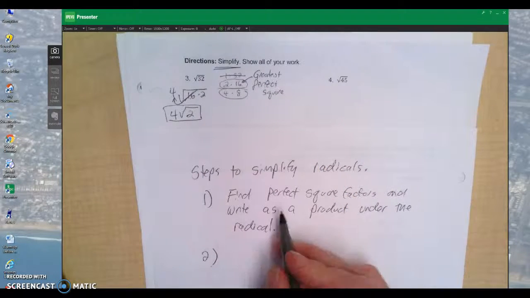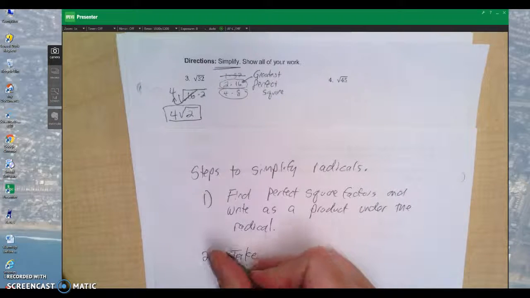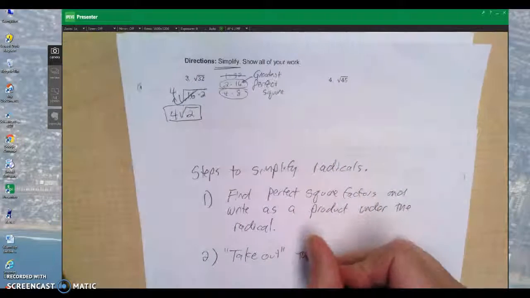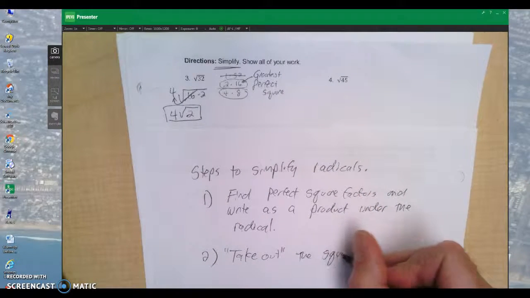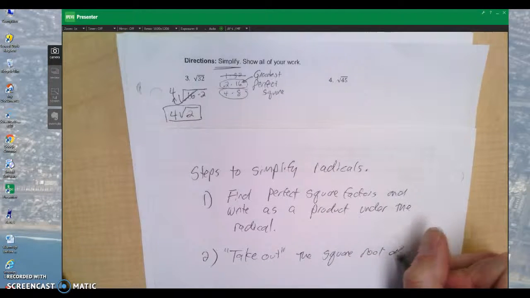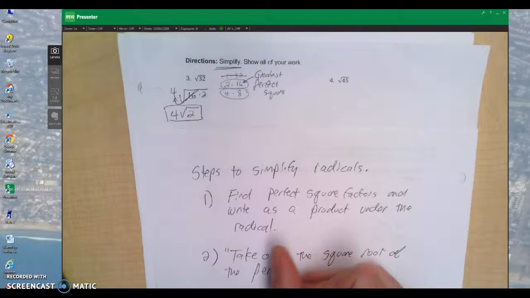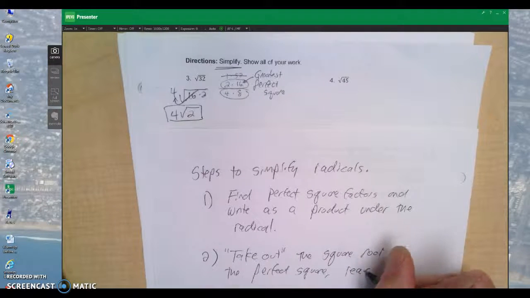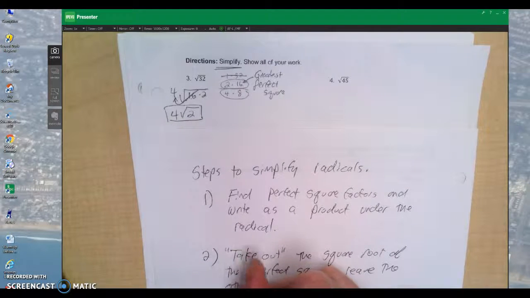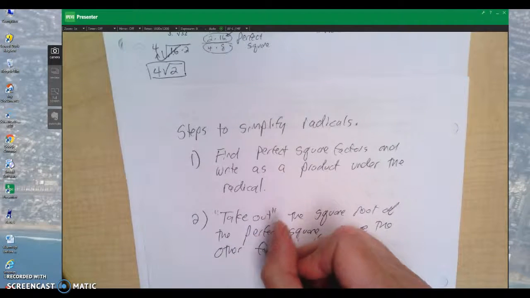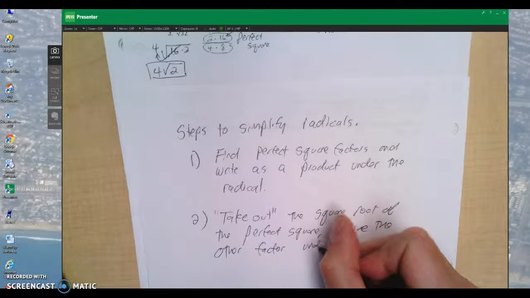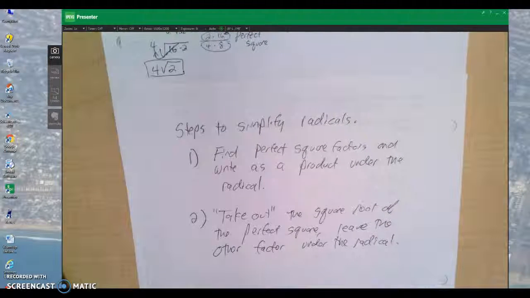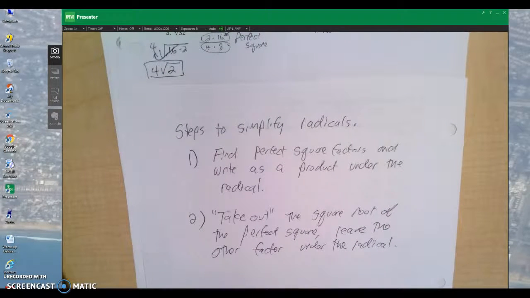Then take out, and that word out just means it's going to come out of the radical, the square root of the perfect square, leave the rest, leave the other factor under the radical. That's it. Press pause if you need to copy this down, please.